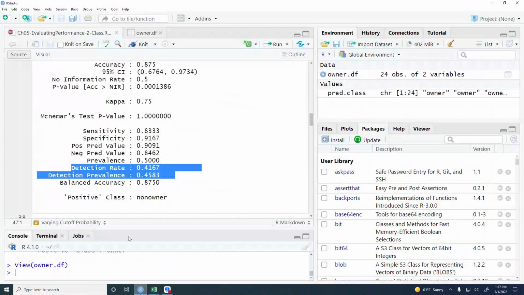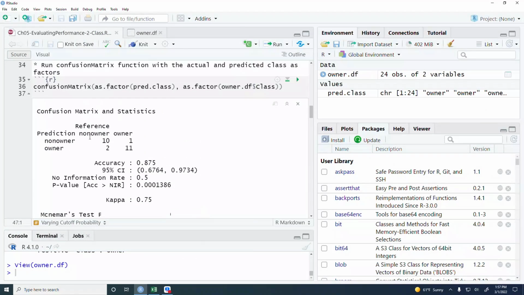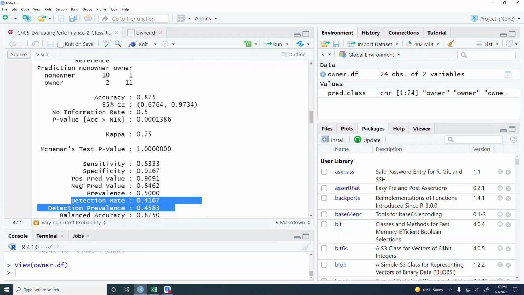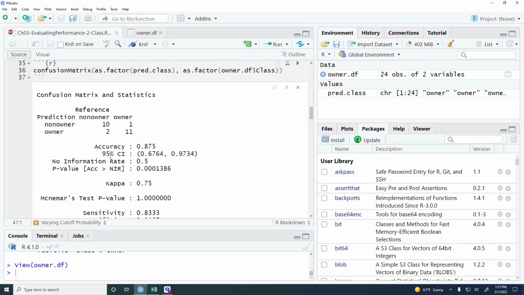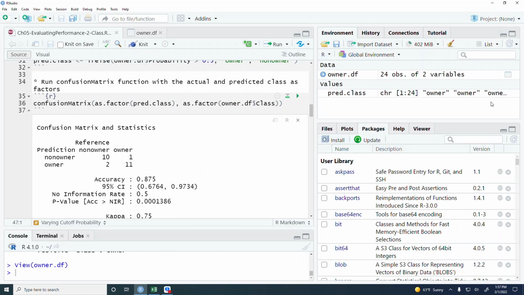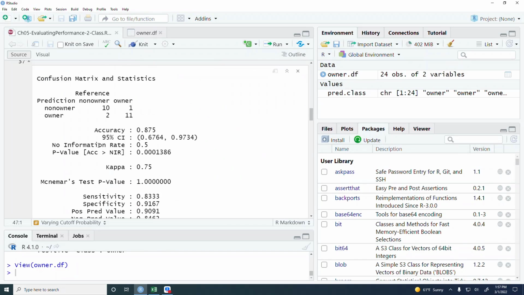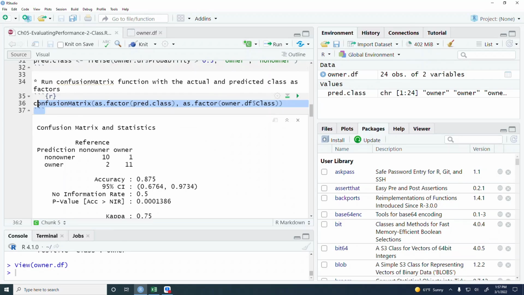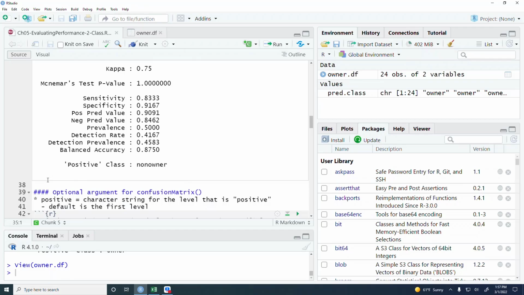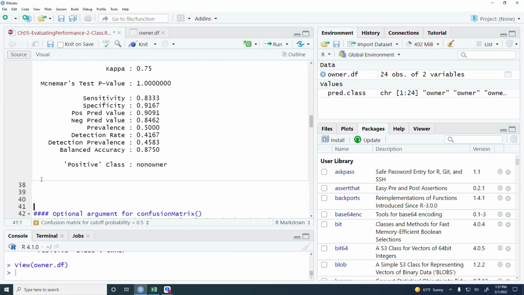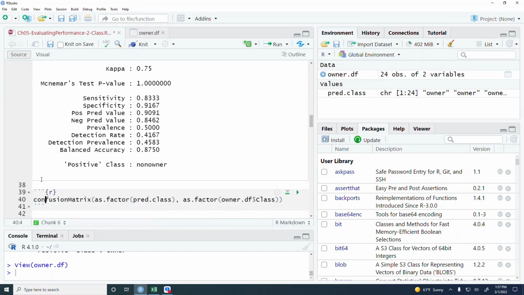Now in R, you can access these individual measures. So if you save the confusion matrix, right? So let's say that we do it like this here. Okay, we'll put it in CM1.